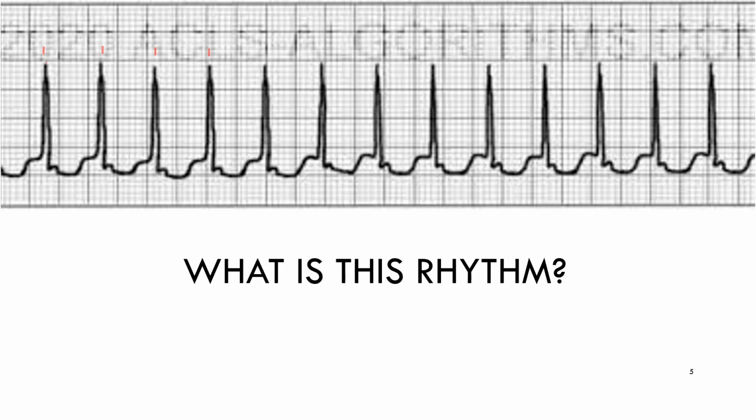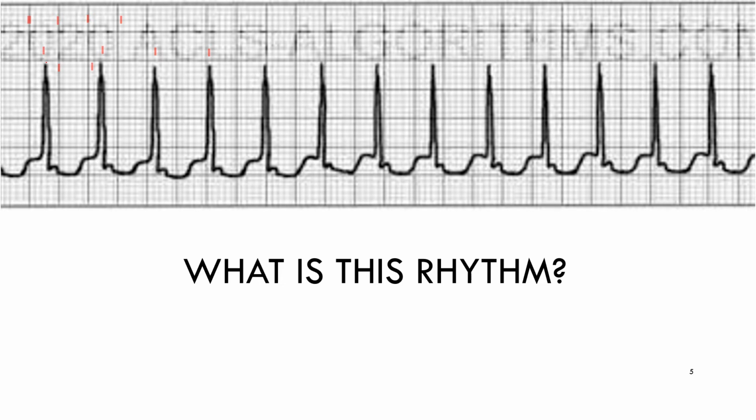How many boxes occurred between QRS complexes? There's one box, two boxes. So 2 boxes occurred, and so you would take 300 divided by 2, which comes out with an approximate rate of about 150 beats per minute.